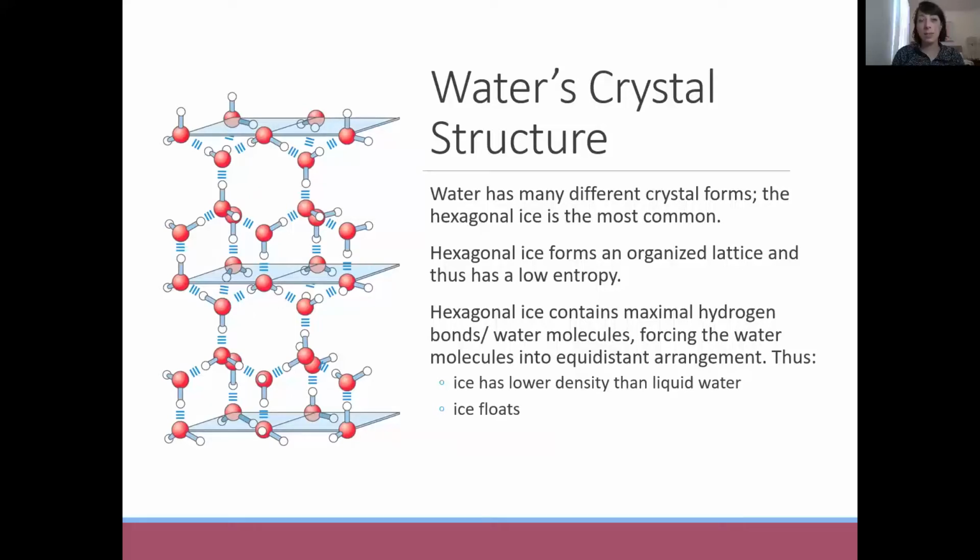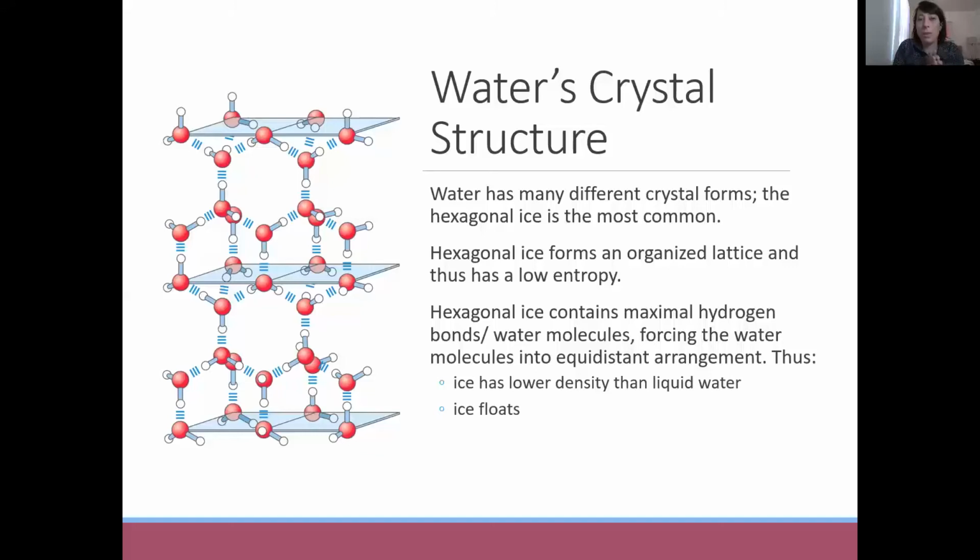It's because of this, because it forces it into this more structured pattern to hydrogen bond, that ice actually has a lower density than liquid water. So ice is actually more spread out. The molecules are more spread out than they are in liquid water, which is not usually the case for solids, right?